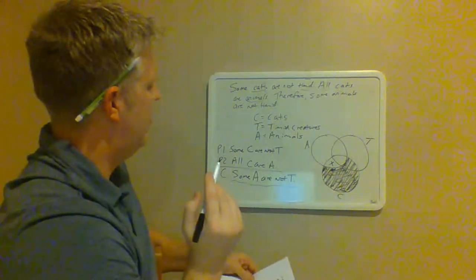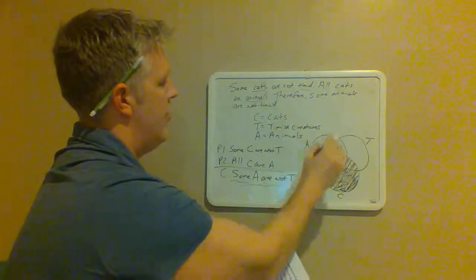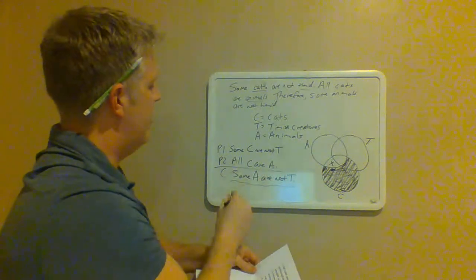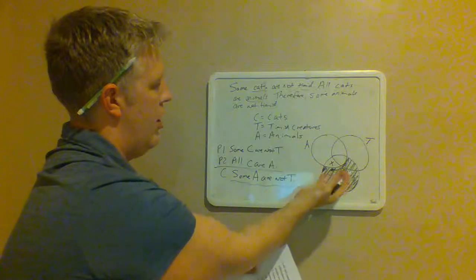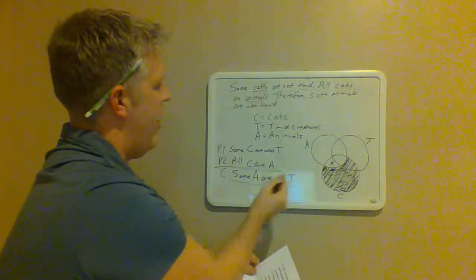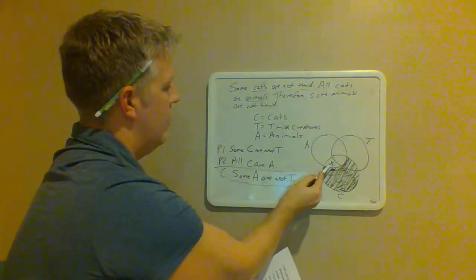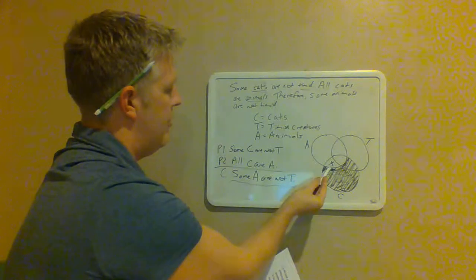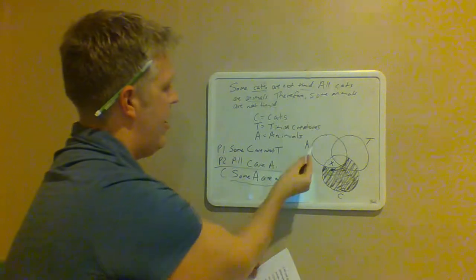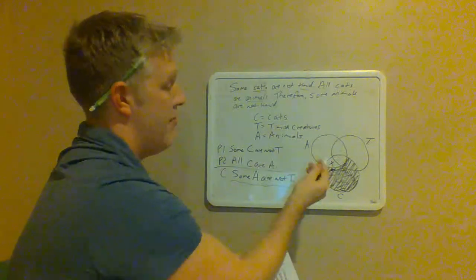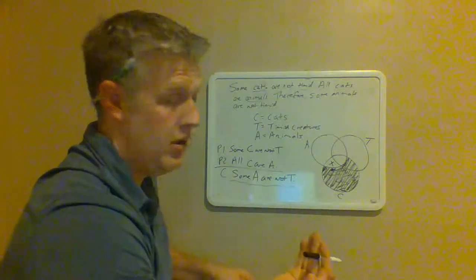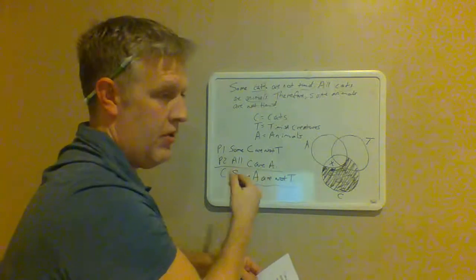So then we back up and we ask ourselves, from these premises, diagramming the premises, does this have to be the case? Some A are not T. Well, we know, given the diagram of the premises, yes, some A are not T. Now, there might also be some A that are T, but that's not what we're assessing here.